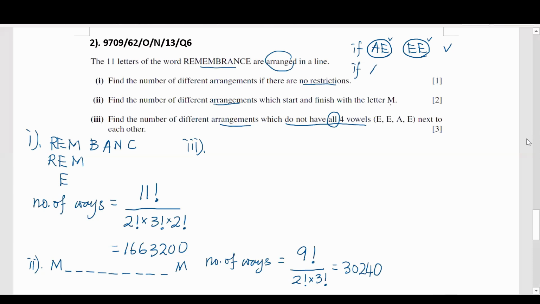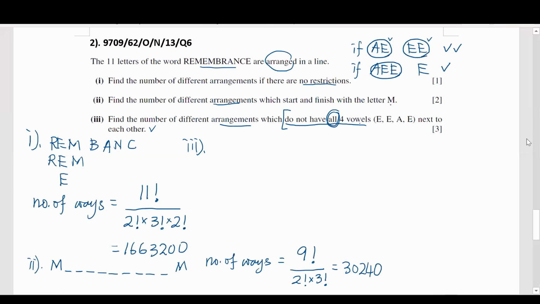If we have A, E, E together and 1 E is not, do we want this number of arrangements? Yes, because we do not want all 4 vowels next to each other, right? As long as not 4 vowels are next to each other, we want those arrangements.